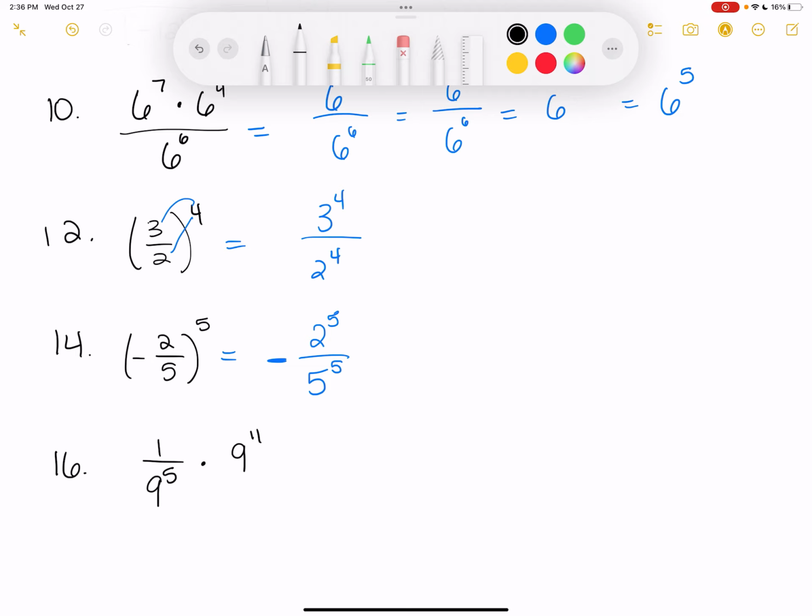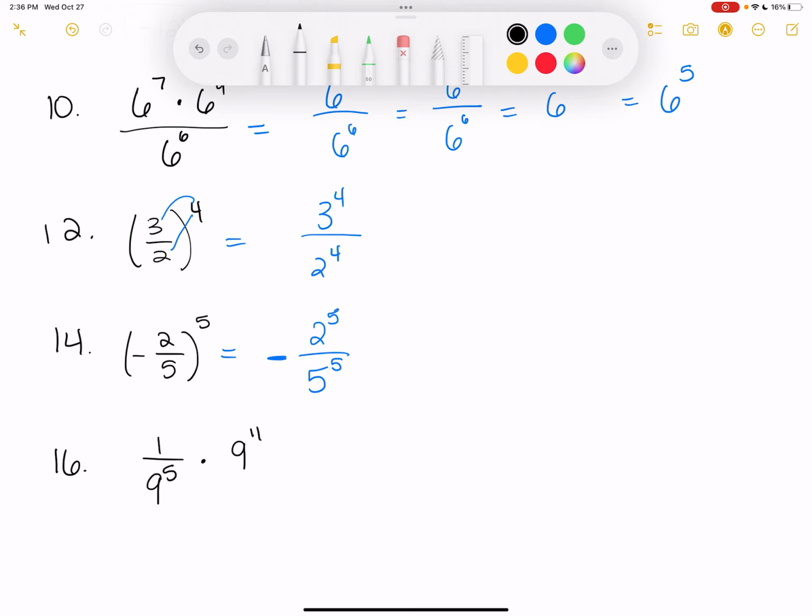Okay, so I could rewrite this just because this is being multiplied. I could imagine that this is written over a 1. So I can combine these two since it's just a 1 on top, to give me 9 to the 11th over 9 to the 5th.